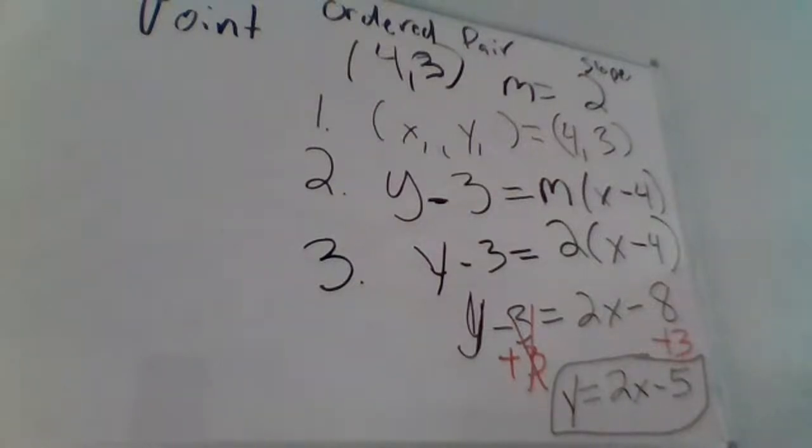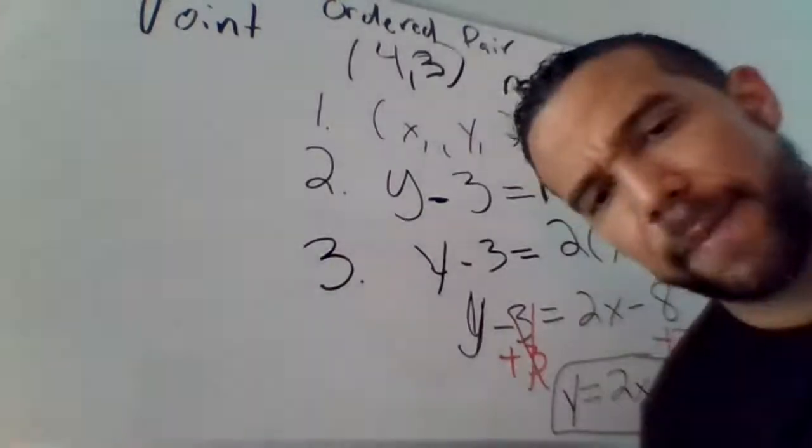I know this is a new concept. One question: these were given as example 1 and example 2, two different ways to do it, and either way works? Correct. That's one of the things you'll notice about algebra.